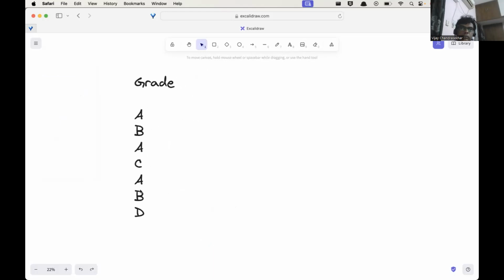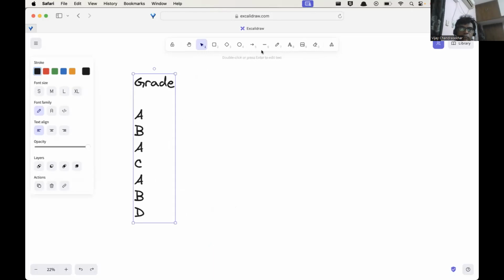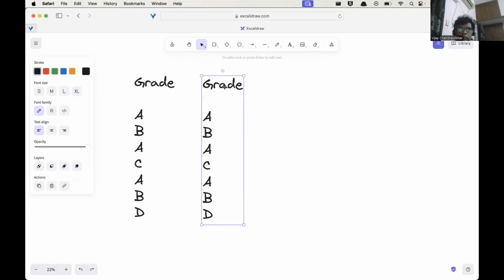Now we need to encode it, right? There are two options to do encoding.